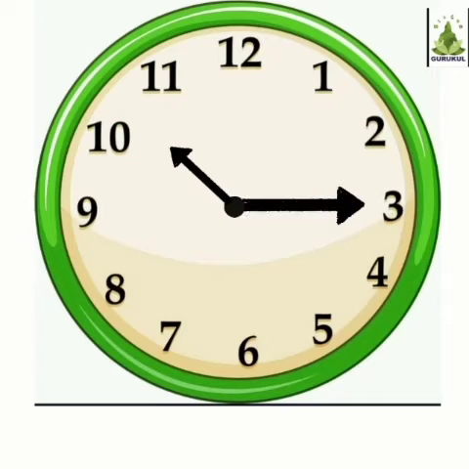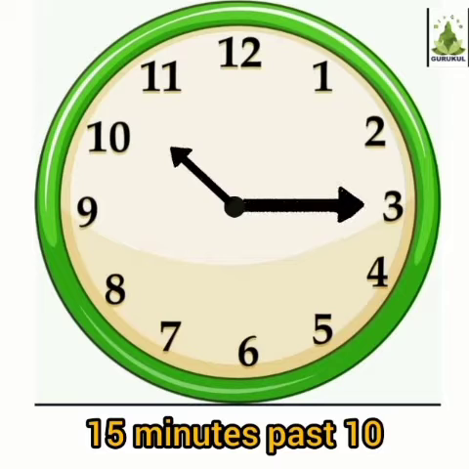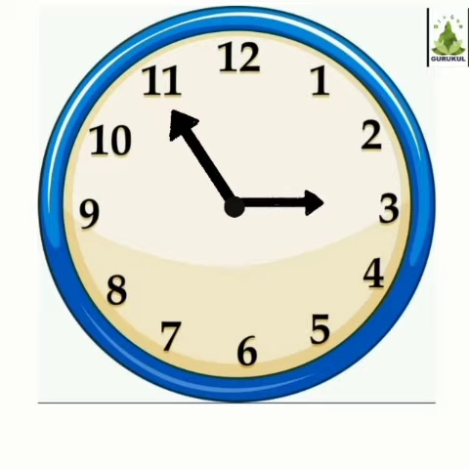Take one more example. Minute hand is on 3, meaning 15 minutes, and hour hand has crossed 10. 15 minutes past 10. Pooja, now you guess the time of the next clock. Minute hand is on 11 and hour hand is on 3.